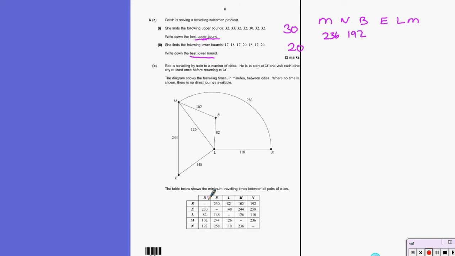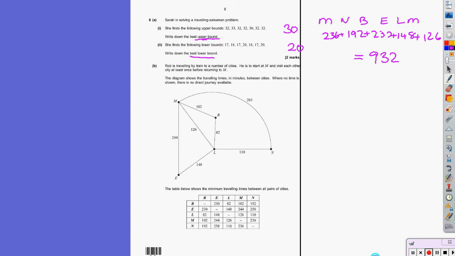B to E is 230. E to L is 148. L to M is 126. If we add all of those together, that will provide us with the upper bound. So that all adds up to 932, which is the correct answer.